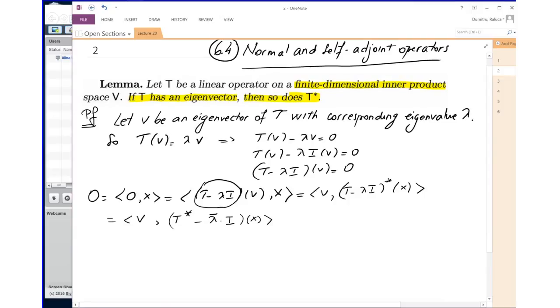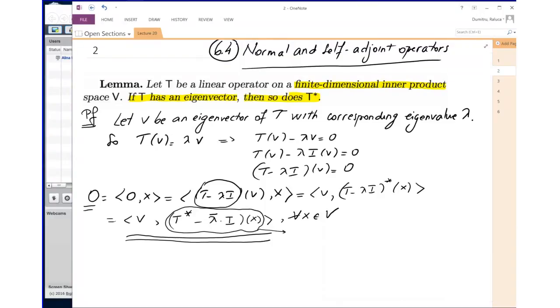Okay, and here is the type of argument that we will use now. V was the eigenvector of T. Well, it turns out that V is orthogonal, and this happens for every X, right? Now, since this happens for every X, what I can get into the second entry here is the entire range of the operator T star minus lambda identity.